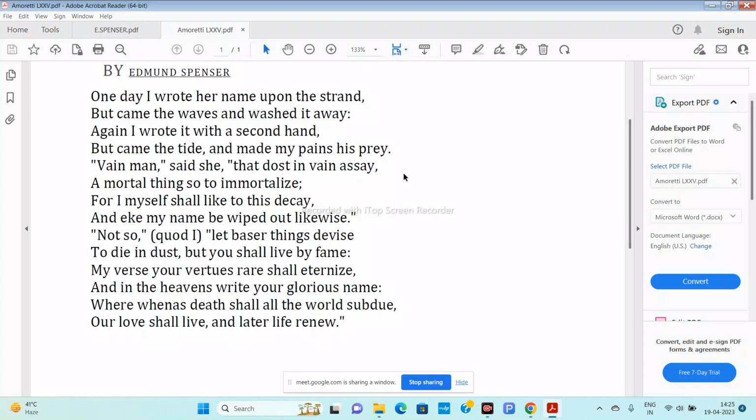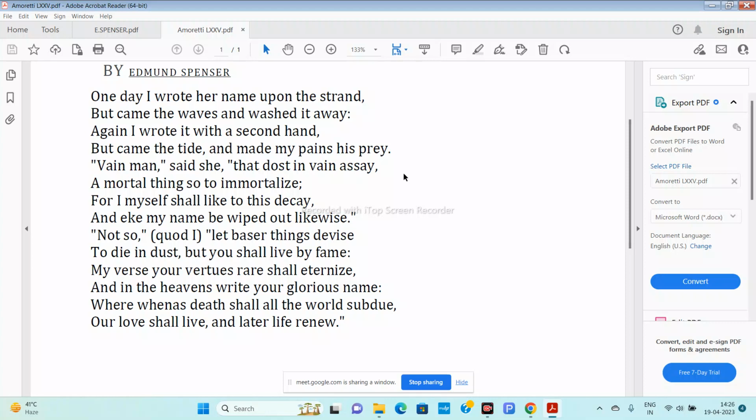So we can understand that Spenser, like his contemporary poets, especially Shakespeare, you have read, I think, Sonnet 18, if it is in your syllabus.